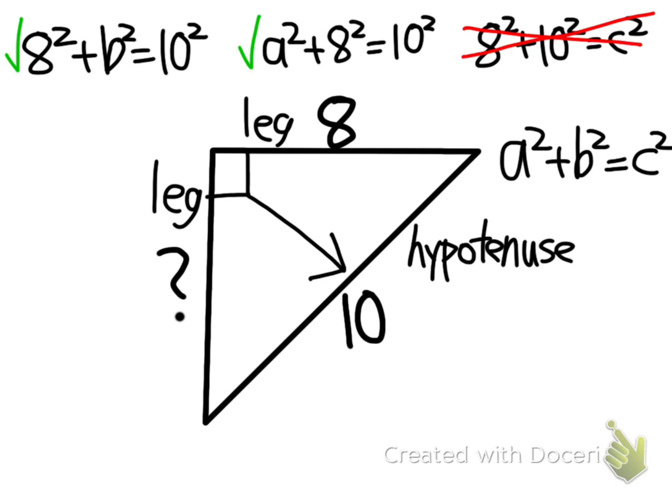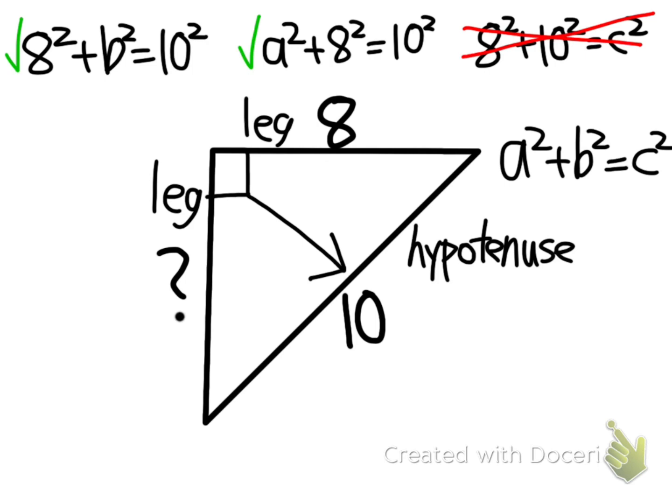Now, on to actually plugging the numbers in. Because we don't know the value of one of the legs, either a squared or b squared can be left as is. Again, the values for the two legs of the triangle can be plugged into the variables a or b interchangeably.